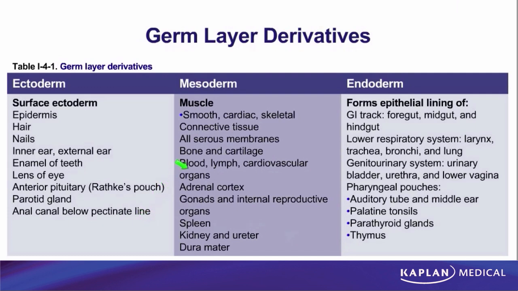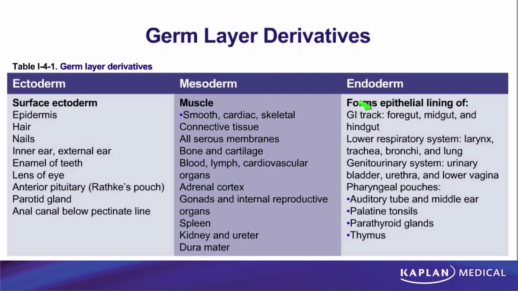The other point that I want to make on this slide brings your attention to this word, epithelial lining. So here on the endoderm, you see a listing of a bunch of structures and things like GI tract and respiratory system and so forth. But notice it says the epithelial lining of those organs. The point is that endoderm only gives rise to epithelial cells.